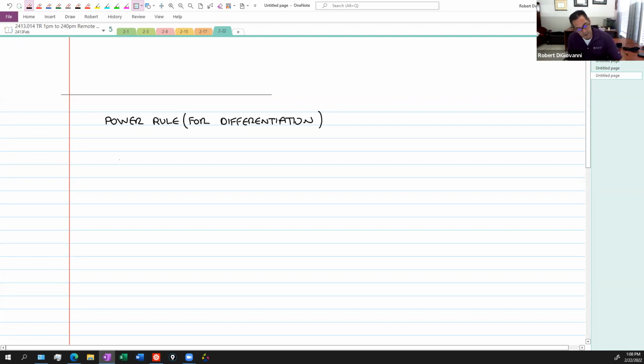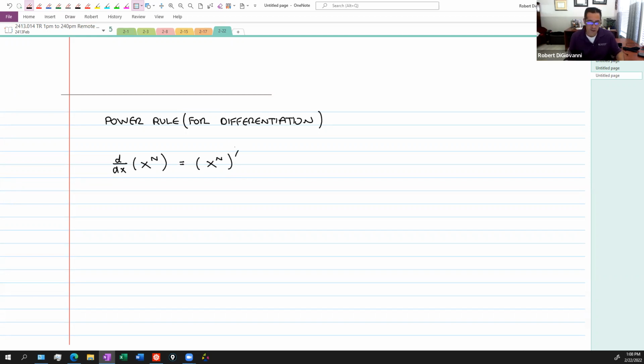Okay, so what is the power rule? Well, the power rule is this. We want to know what happens if you try and take the derivative of x raised to any power n. Another way I could write that, what is the derivative of x to the nth power, right? So that's what we need to figure out. Unfortunately, I can't show this to you visually because x to the n will look different depending on what n is.